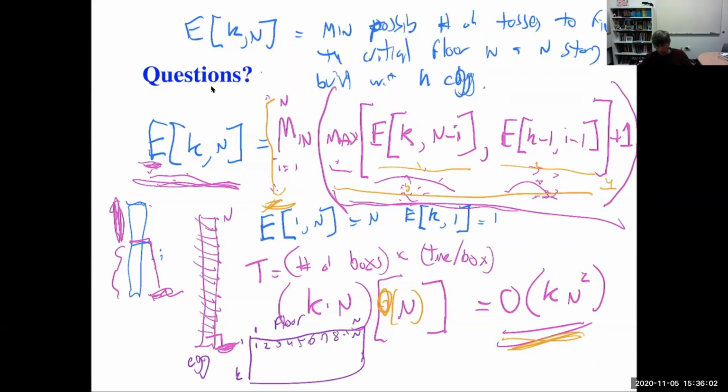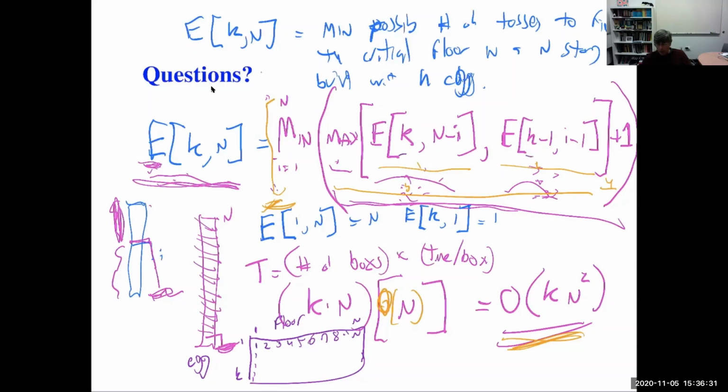When I have one floor and enough eggs, it's all going to be ones, right? Now I need an evaluation order for this thing, right? My claim is, in both cases, if you look at this thing, the number of eggs in one case goes down, in one case it doesn't, okay?